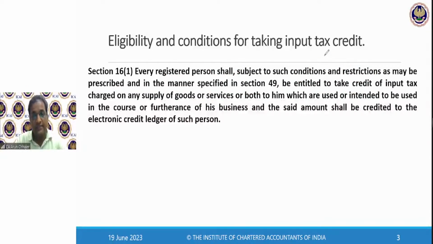It simply says that every registered person, first point, who can take the ITC? Registered person. We have to refer to certain conditions and restrictions which are prescribed. Prescribed means prescribed by way of rules, which are used or intended to be used in the course of furtherance of business.